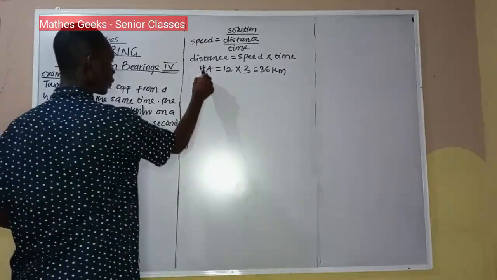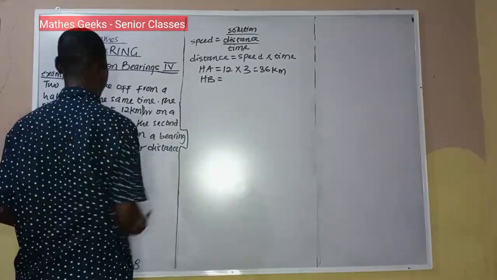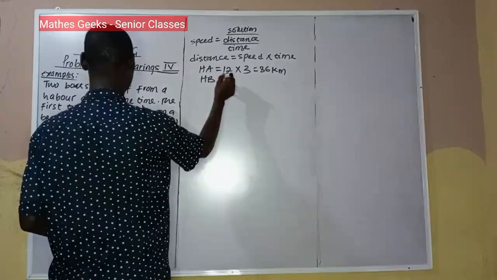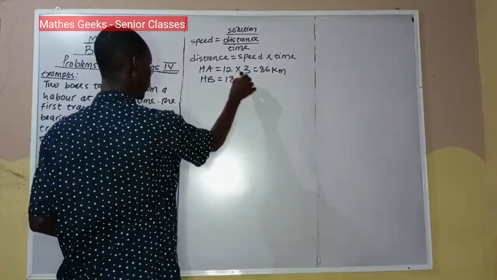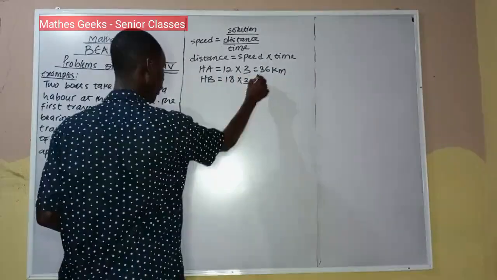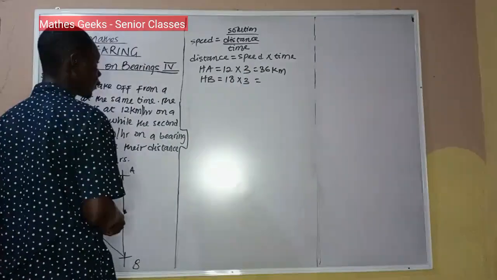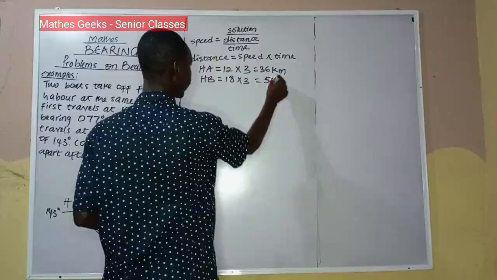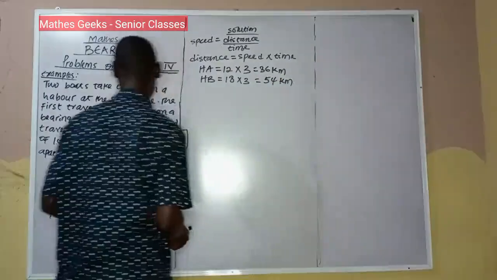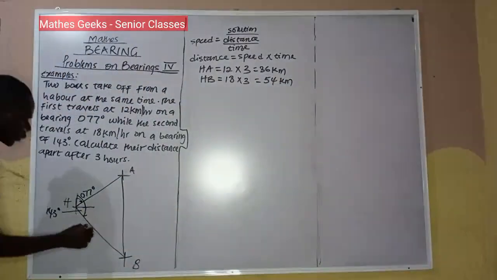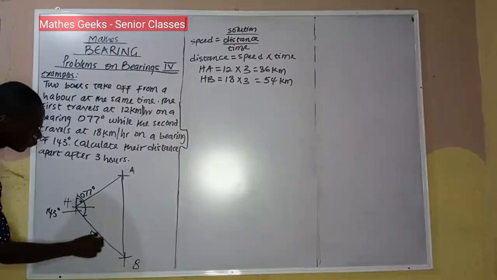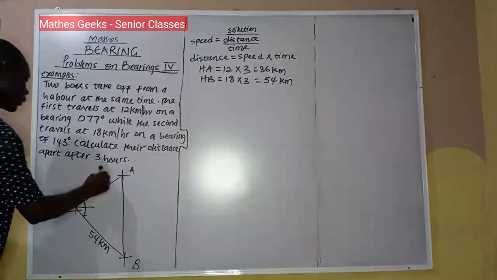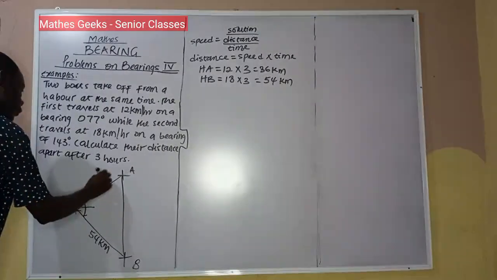HB equals 18 times 3, which will give us 54 kilometers. So here is 54 kilometers, and here will give us 36 kilometers.